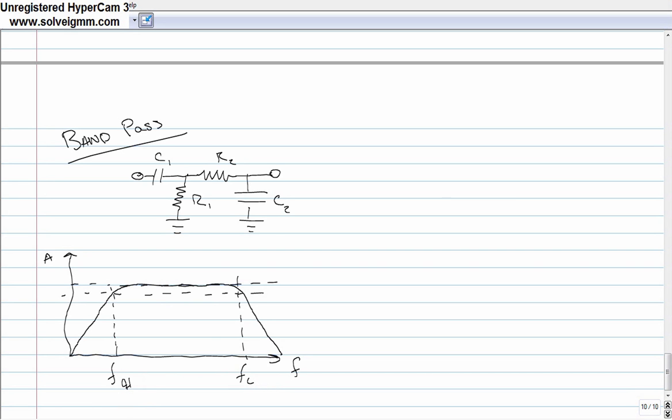Now, that's really it. It's just two filters stuck together, and each side is solved individually. So you solve for the frequency you want for the high-pass filter, and then you solve for the frequency you want for the low-pass filter using the equation that is exactly the same for both.